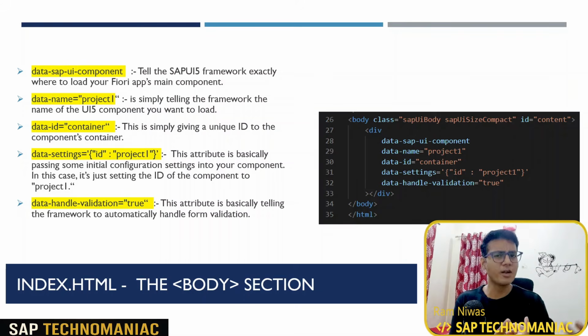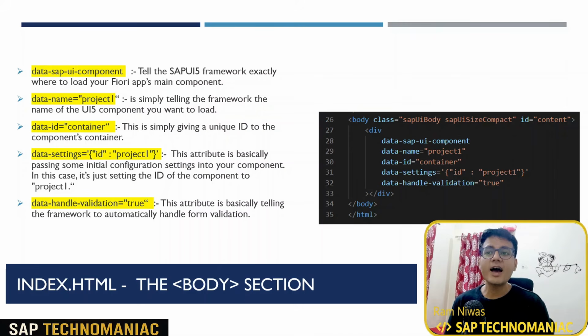You can give a different name also, but generally we use the same name and ID. So here you have to understand two things. One is our main component, which will be loaded by the UI5 framework. Another one is your application specific project component, which is available in project one.